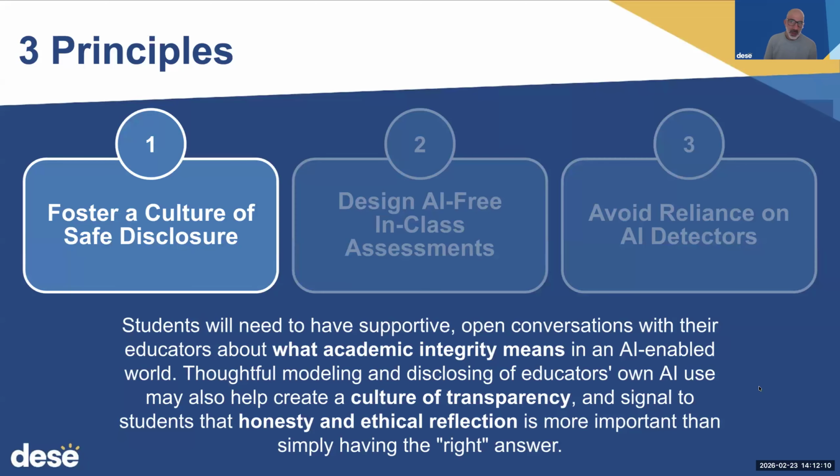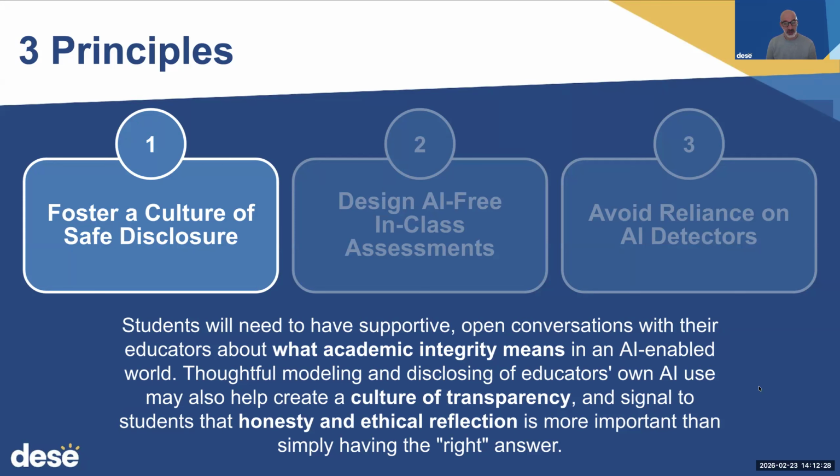Now, three principles to keep in mind when we're attempting to maintain academic integrity. One is to foster a culture of safe disclosure. Students will need to have supportive, open conversations with their educators about what academic integrity means in an AI-enabled world.